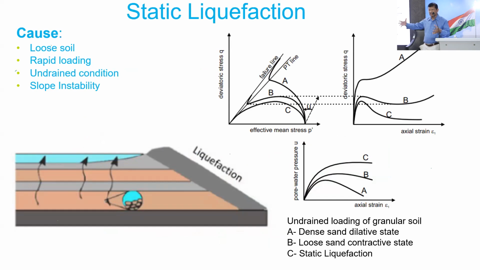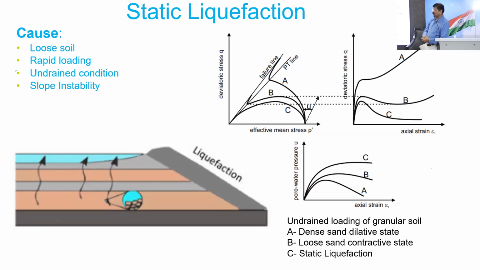You saw how that whole thing liquefied and progressed. In static liquefaction, you can see that you have pore pressure at the bottom. There is a small pocket of pore pressure, and that pore pressure will rise with the load. So what are the conditions?